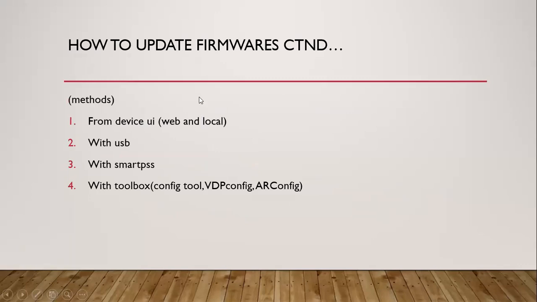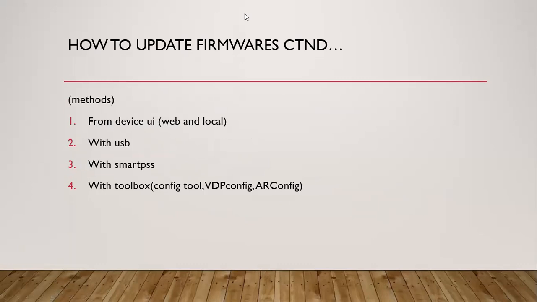So to update the device, we have various methods. You can update from the device web interface and local. Web interface means that you have connected to the device web service.